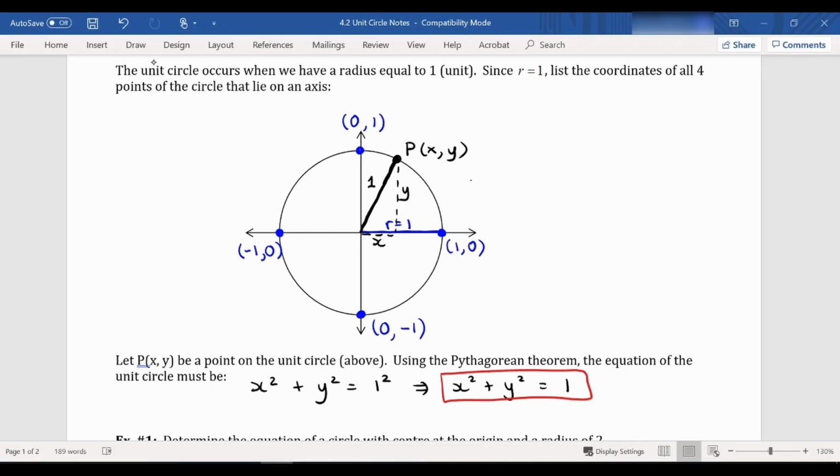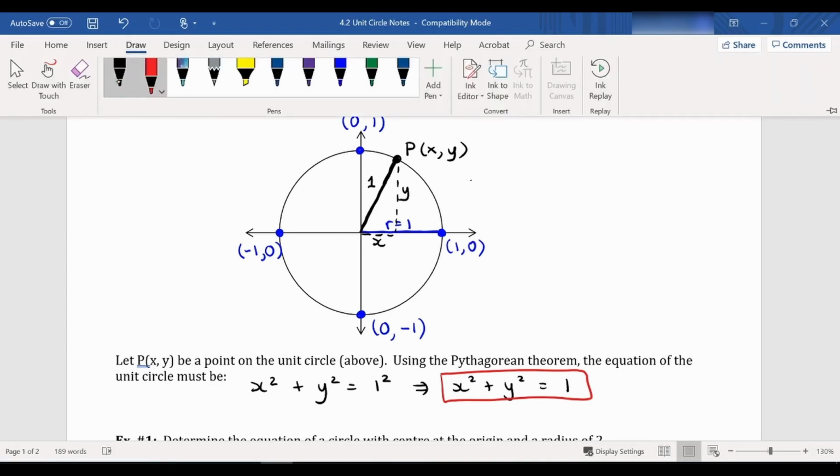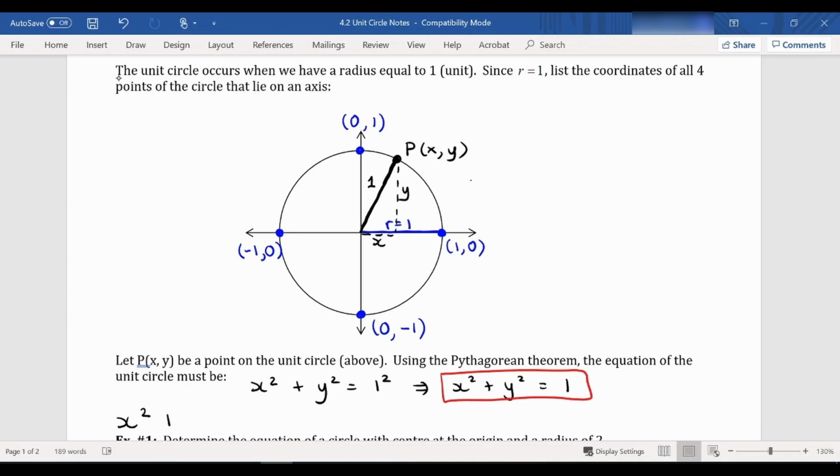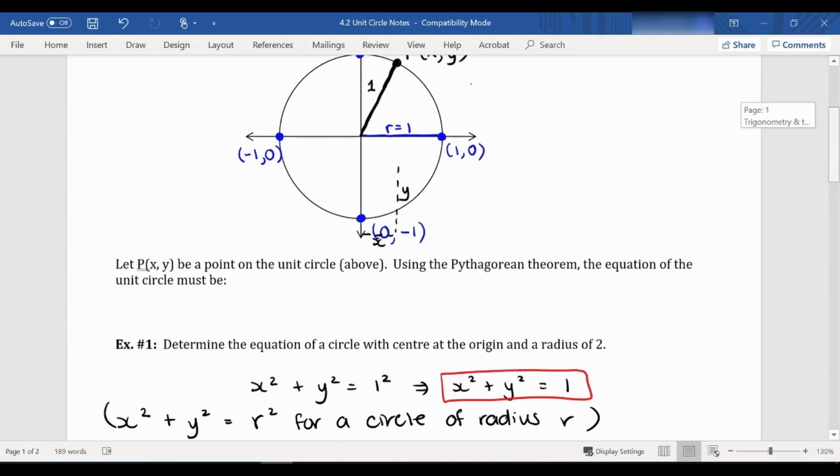I could change that 1 on my hypotenuse to any number, and I would still have x squared plus y squared equals my hypotenuse squared. So this means that any circle has an equation x squared plus y squared equals r squared for a circle of radius r.